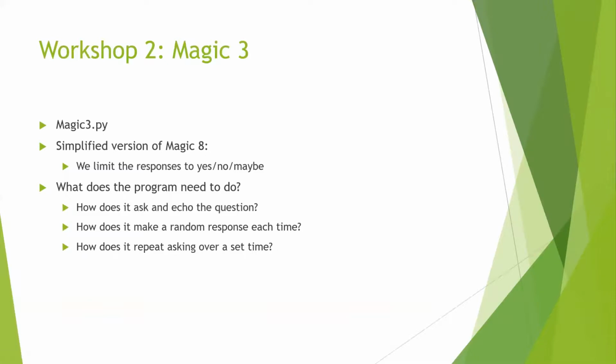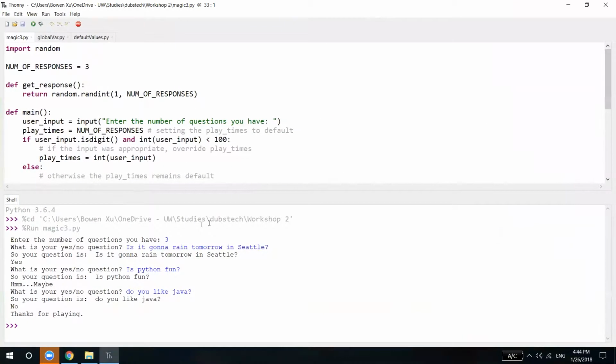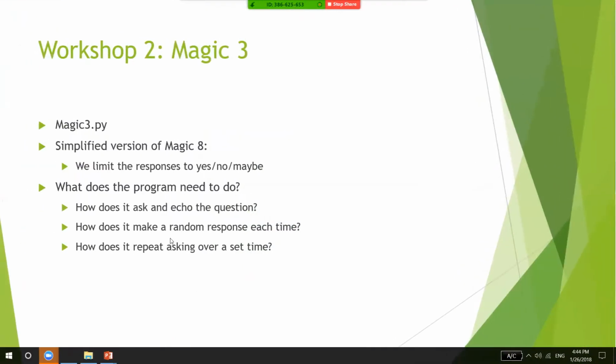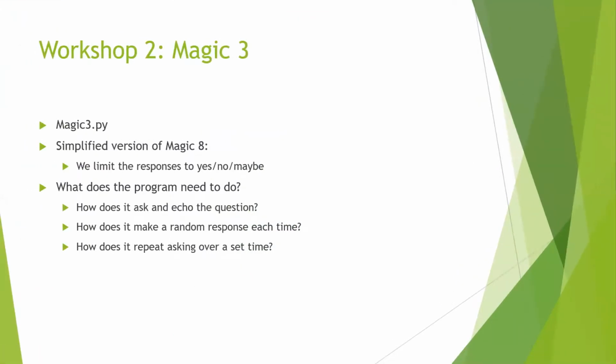It's random, like what we did last time with the dice rolling simulator. And how does it keep asking over and over, but only over a set number of times? That is the number we passed to the console at the very beginning. You can pause the video now, and I'll explain it in a moment.